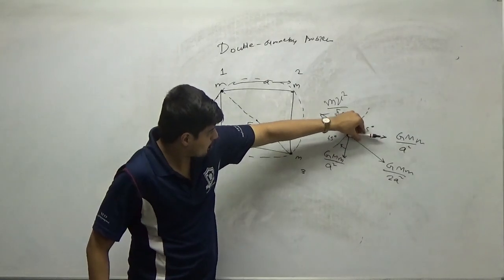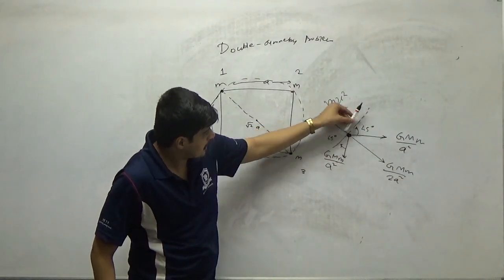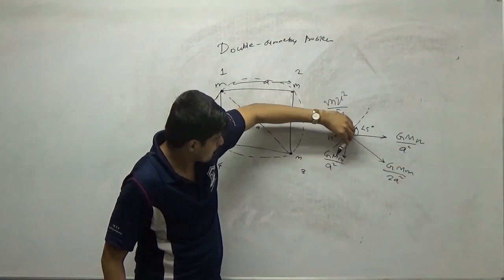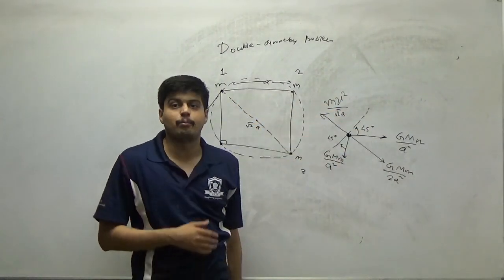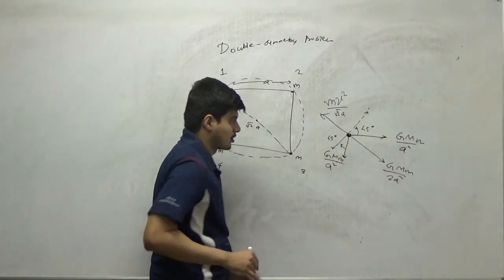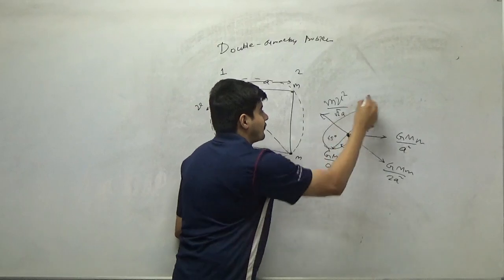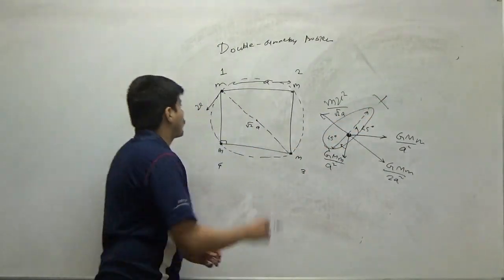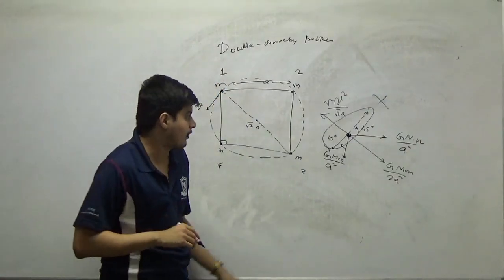Now, please pay close attention, right? This force has resolved into this component and this component. Same way, this force is resolved into this component and this component. But the resolutions of these forces in this direction and this direction will cancel each other, right? So there is no force in the tangential direction. That's the most important point for it to move in a circular orbit, right?